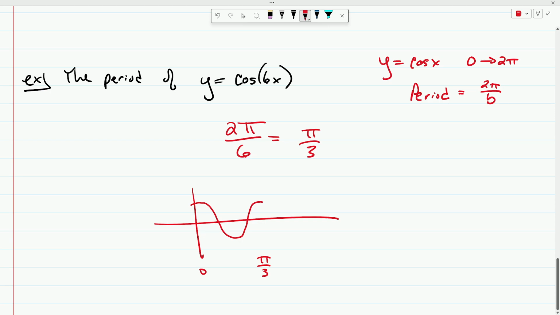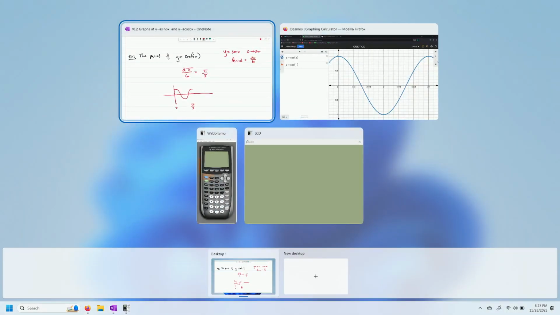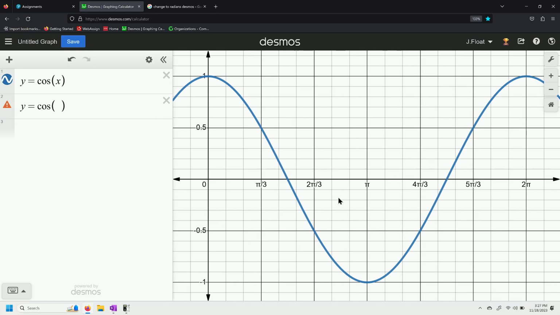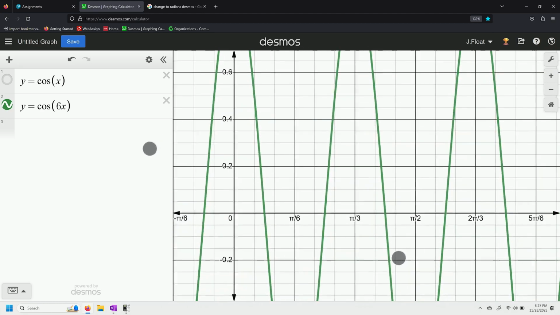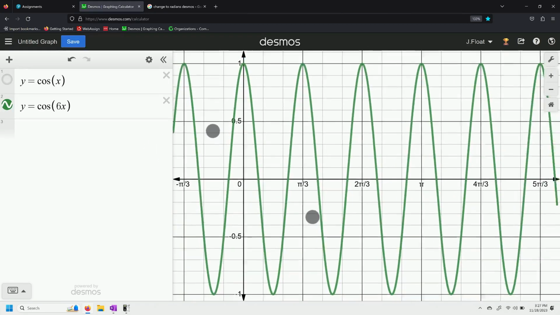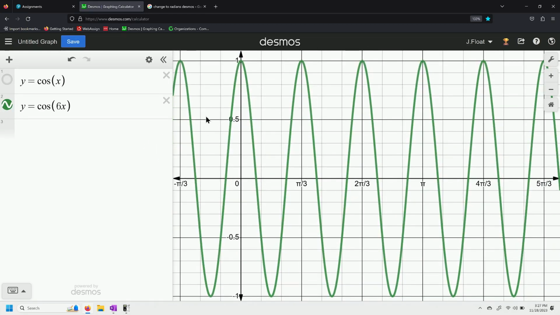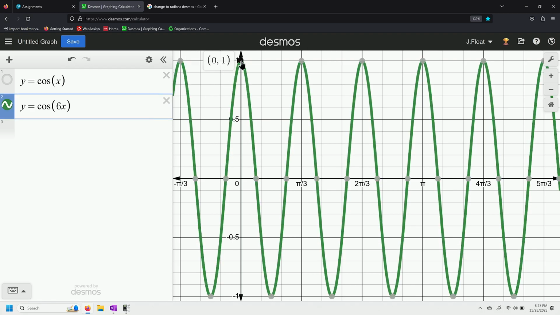Pi over 3. So it was 6x. All right, now let me turn this off. And from 0, we come down, we come up, and there it is right there, pi over 3.